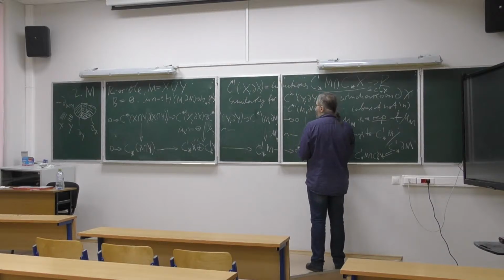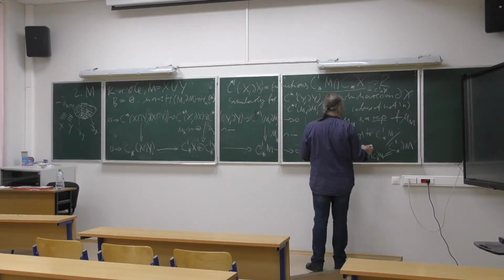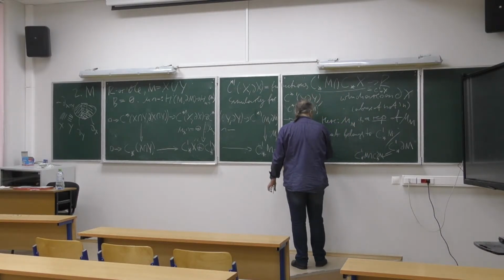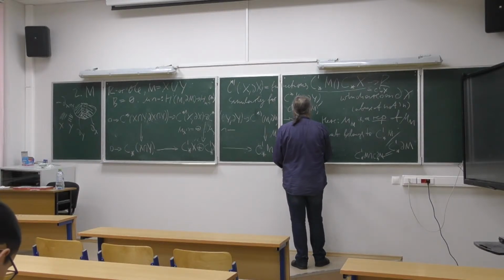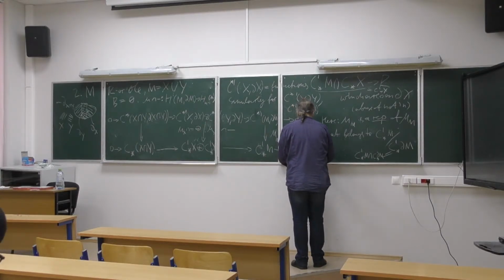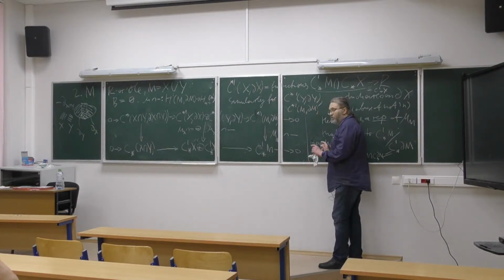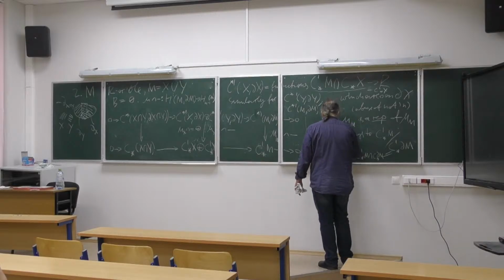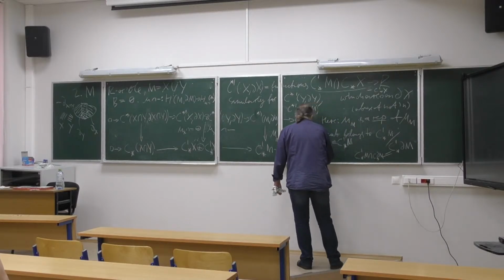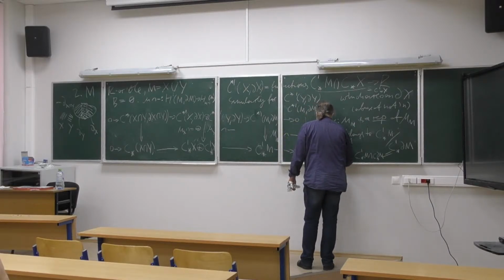So let's view mu m here as an element of C prime of m, such that delta mu m belongs to the boundary.